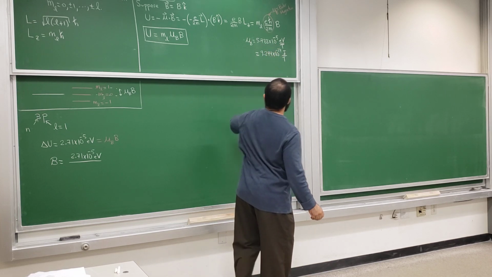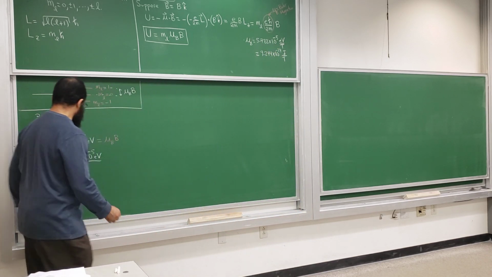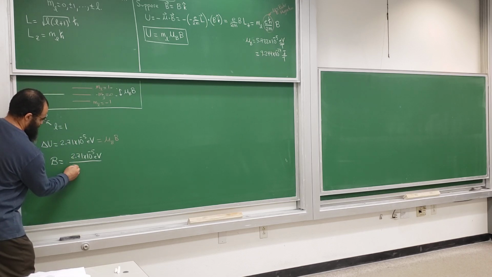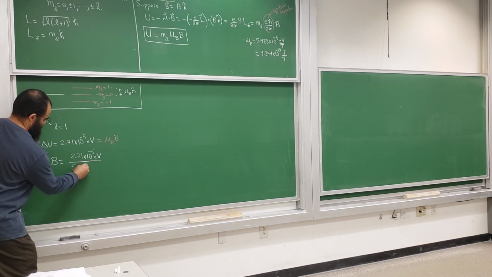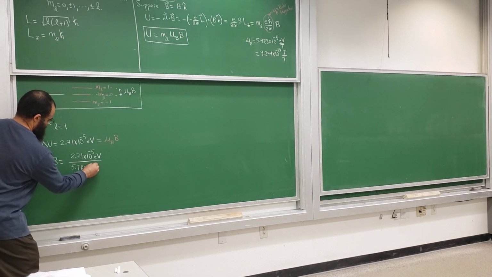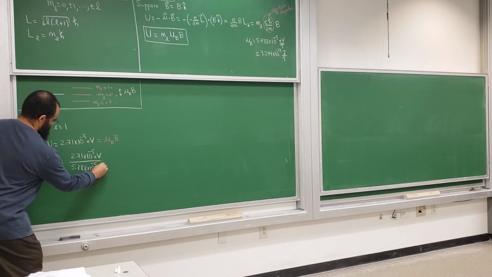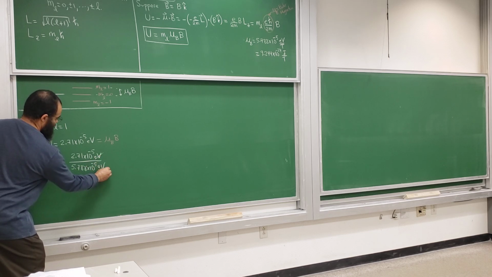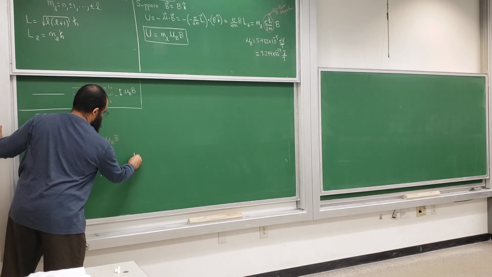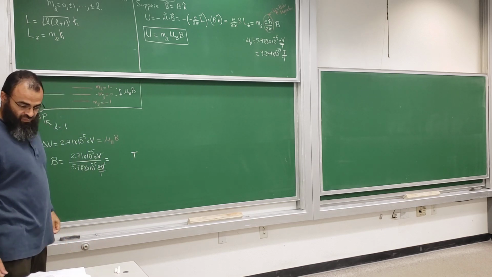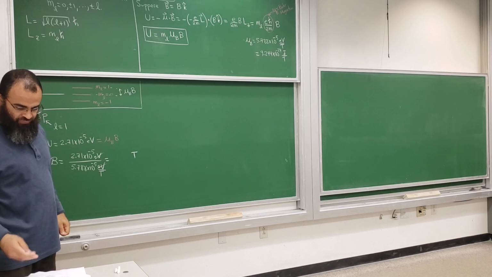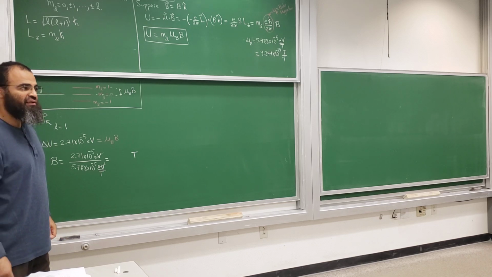So that's 5.788 times 10 to the minus 5 eV per Tesla. So the answer would just be in Tesla. And if you do that, you get 0.468 Tesla.